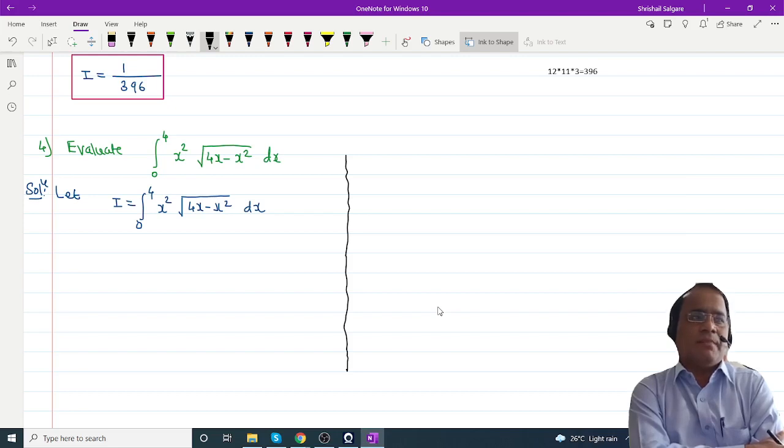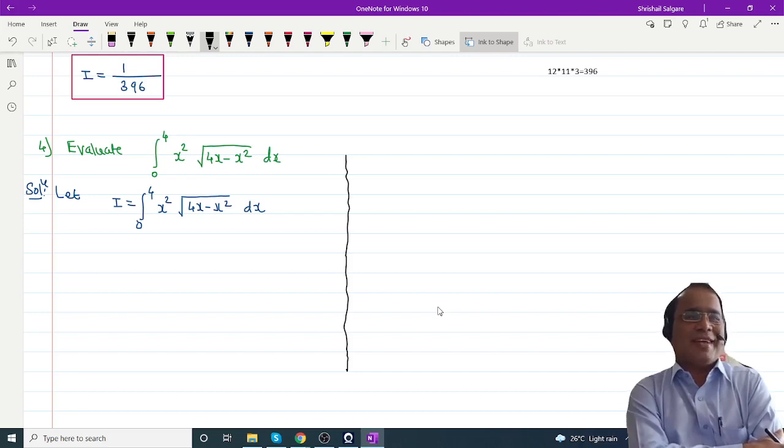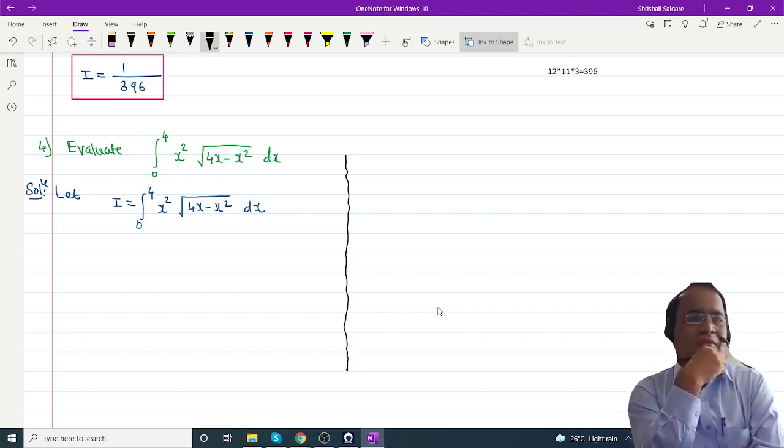Okay, Aditya Patil, can you guess? Whether x square is equal to t works? 4x minus x square equals t, or 1 minus t. Okay, 4x minus x square is equal to 1 minus t. Any different answer? Try to simplify and obtain the value of x.